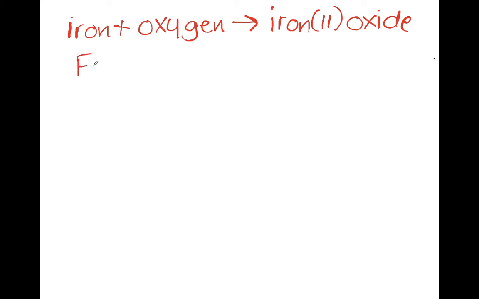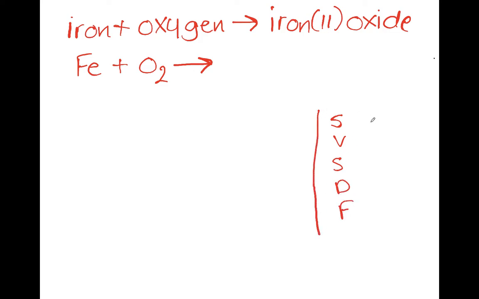Iron has the symbol Fe, oxygen is O2, and iron oxide we will work out over here. Symbols are Fe and O. Iron has the 2 in Roman numerals, its valency is 2, oxygen's is 2, swap them over, 2 and 2, 1 to 1, FeO.